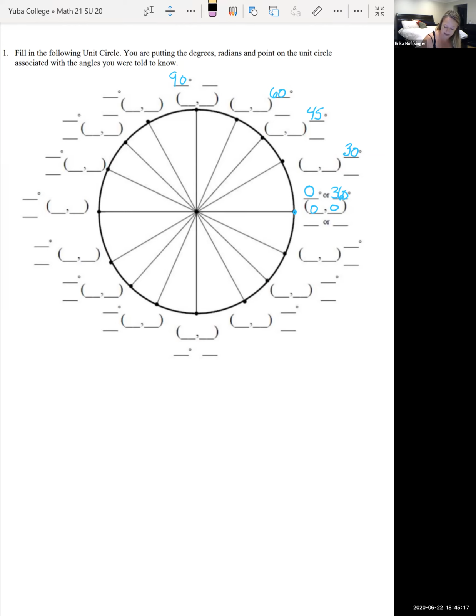So if you think of 180 right here, minus 60, that is 120 degrees. 180 minus 45 degrees, because our reference angle is 45 here, that is 135 degrees. A reference angle of 30 degrees here, so 180 minus 30, that's 150 degrees.